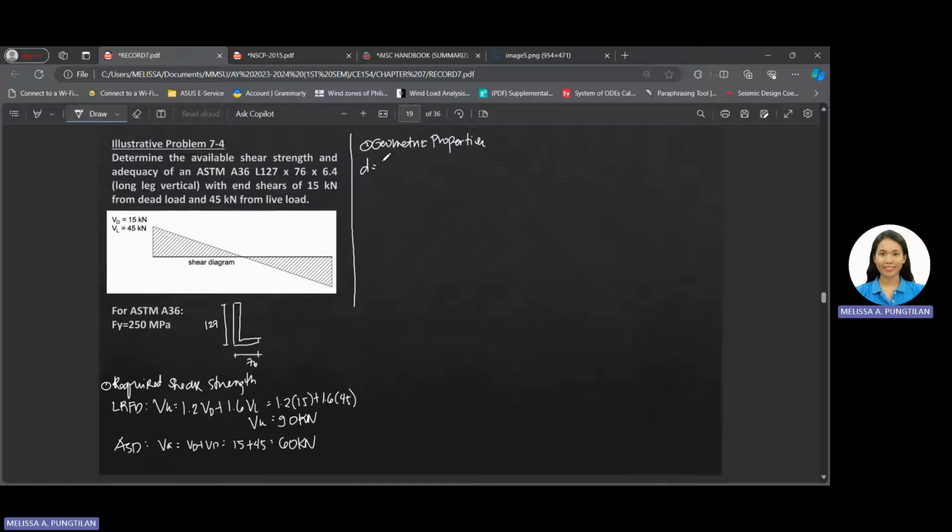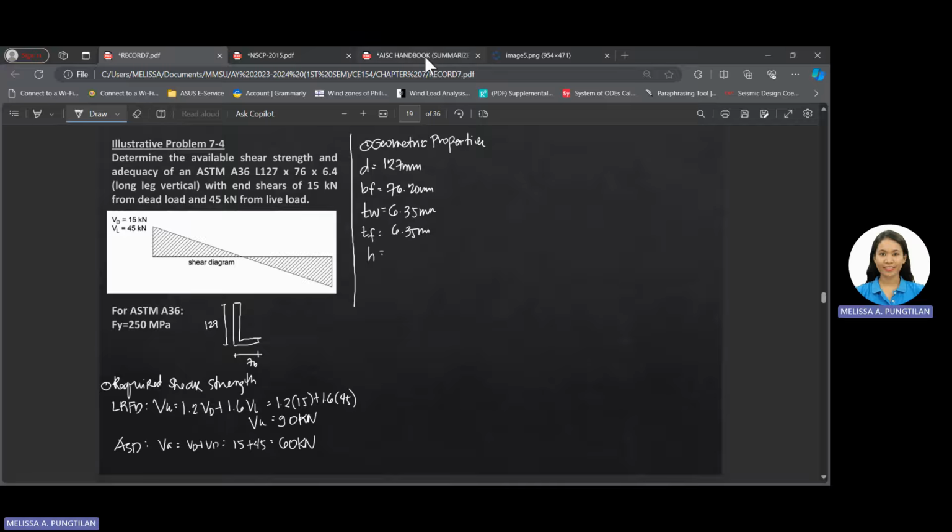We have a depth of 127 millimeters, the width of 76.2 millimeters, thickness of the web 6.35, and then of course para sila ng thickness of the flange, that is also 6.35, and then H is equal to, okay, so for our angle guys, yung H dito is just equal to our depth.